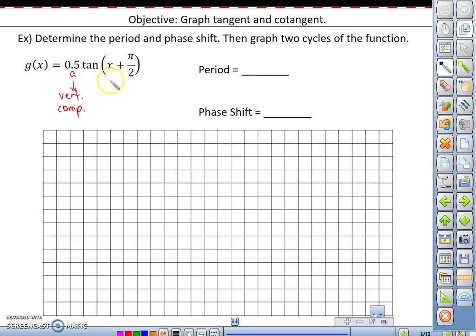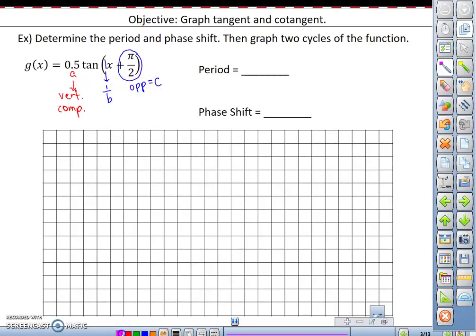Then we have our 1/b parameter, which is 1. And then the opposite of this positive pi halves would be what we call c. And there's nothing added or subtracted, so our k is 0 this time, so no vertical shifts or translation.